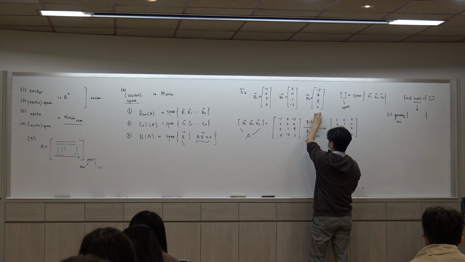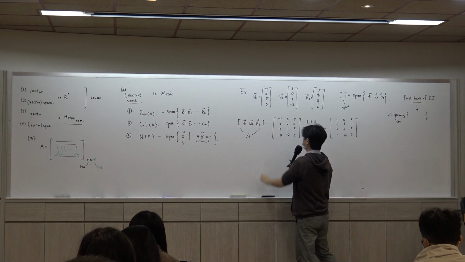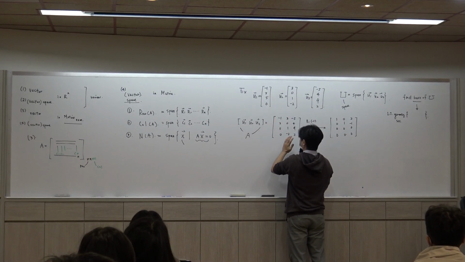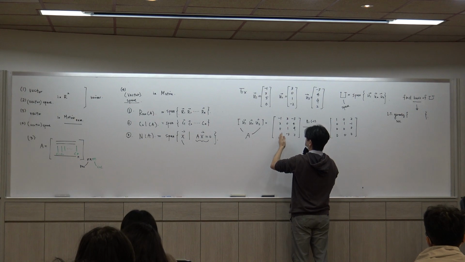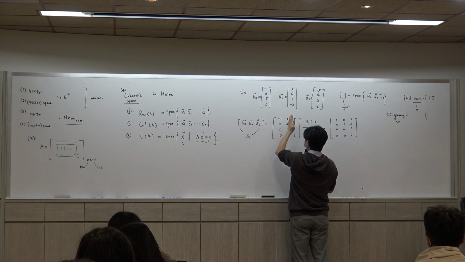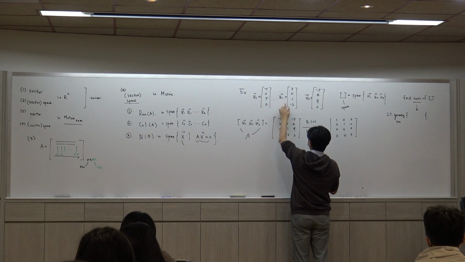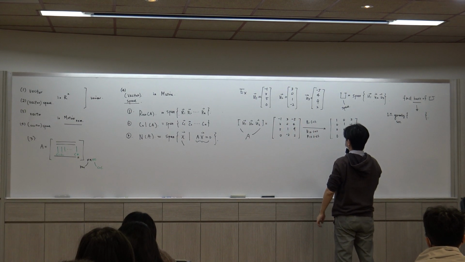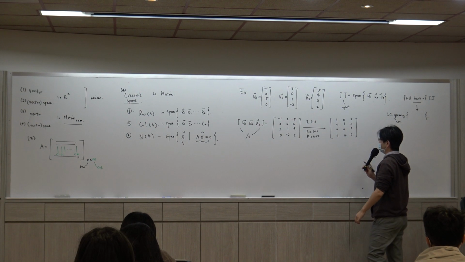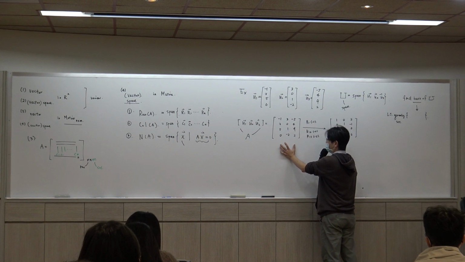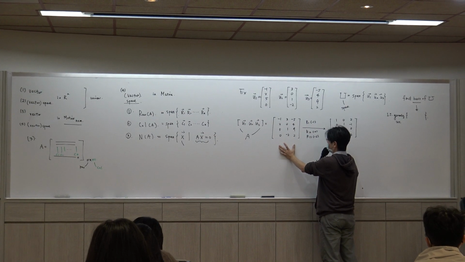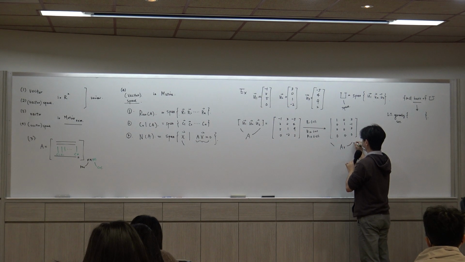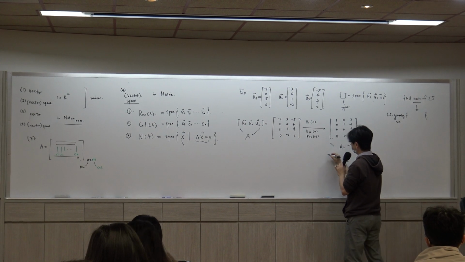So we put the three vectors in the matrix A. Then we can have a matrix with column 1 equals U1, column 2 equals U2, column 3 equals U3. Okay. So we can use the Gauss elimination operation to get the reduced row echelon.